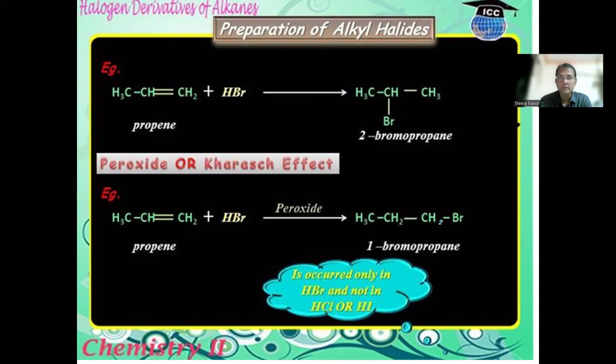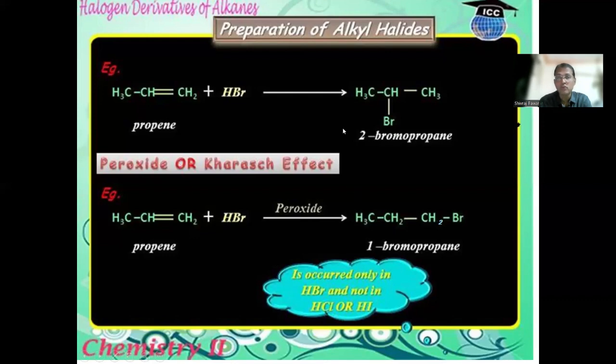So in Markovnikov's rule, 2-bromopropane is formed and in the peroxide effect, 1-bromopropane is formed. Here a secondary alkyl halide is formed and here a primary alkyl halide is formed.